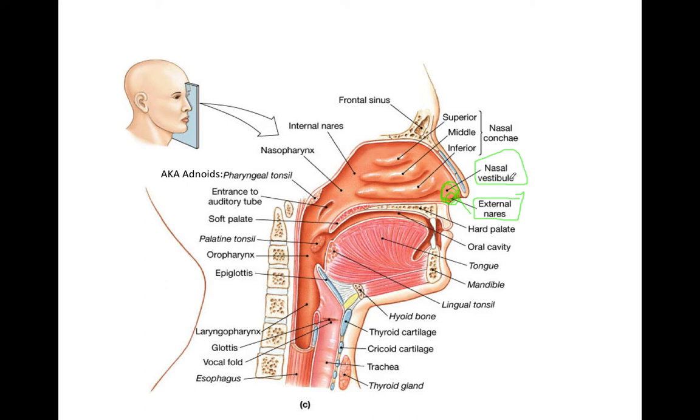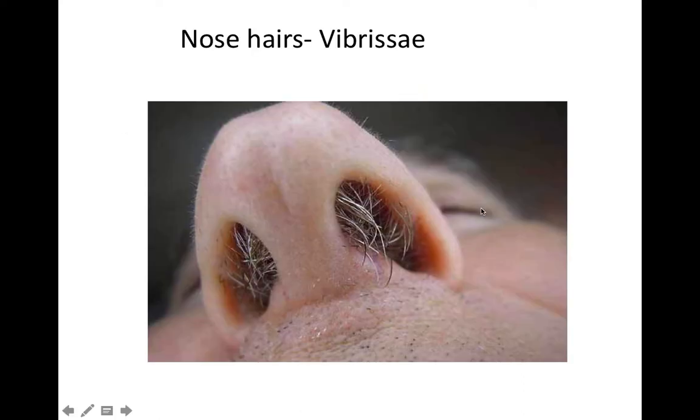So what does your nasal vestibule look like? If you look up your nose, what are you going to see? You're going to see this. These are nose hairs, and they're called vibrissae. Why do we need them? Are they just there for looks?